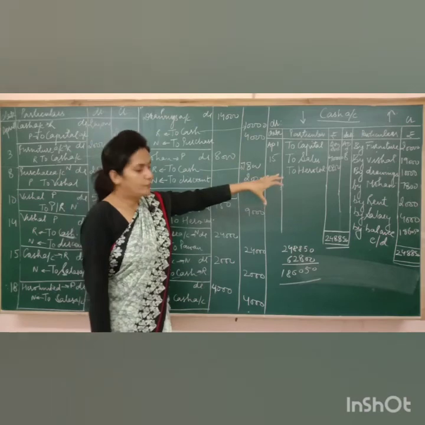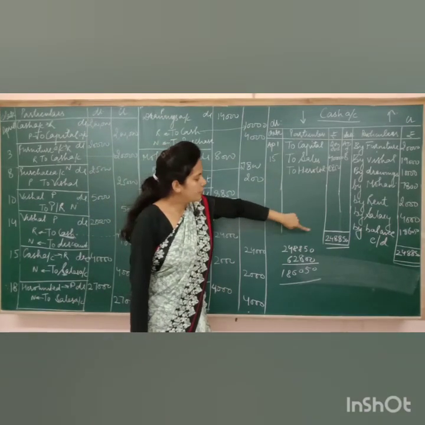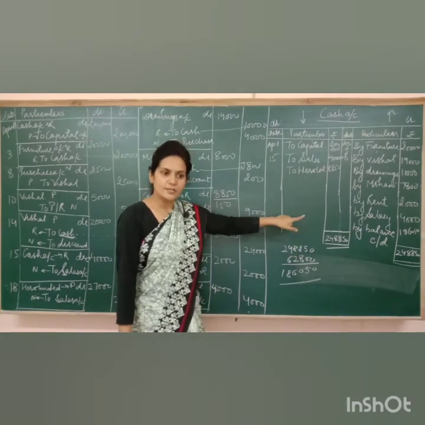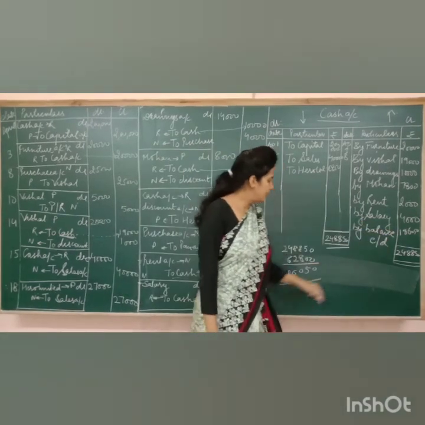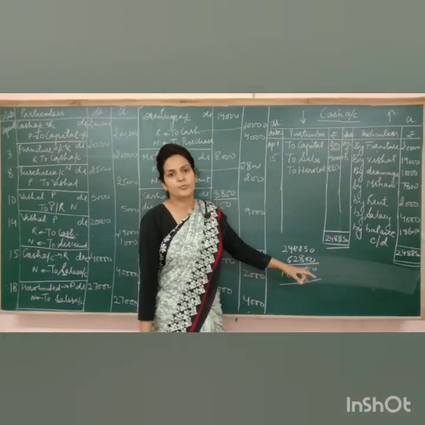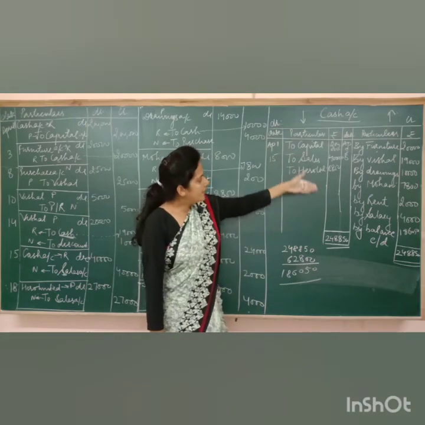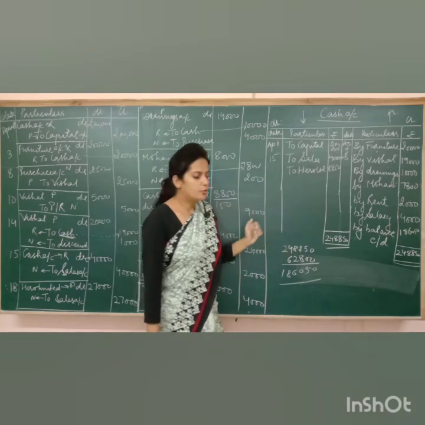One more meaning of this thing is that 2,48,850 rupees has come into the business. 62,800 we have spent. So now how much cash is left in the business? Cash of rupees 1,86,050 has been left in the business. So now if debit side is greater, here debit side is greater, no? So what do we call it?